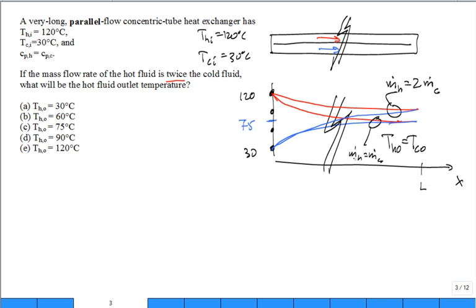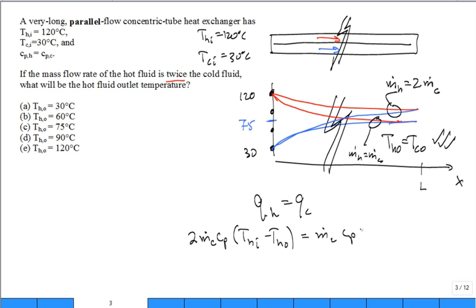Then we get it oriented in our mind. Everything looks good. This was a critical observation. And now we just go back and say, what is the rate of heat transfer out of the hot? That always equals what goes into the cold. Always. Both cases. And so it's going to be 2 times mass flow rate of the cold, specific heat, times the temperature hot in minus temperature hot out, equal to mass flow rate of the cold, specific heat, times temperature of the cold out minus temperature of the cold in.